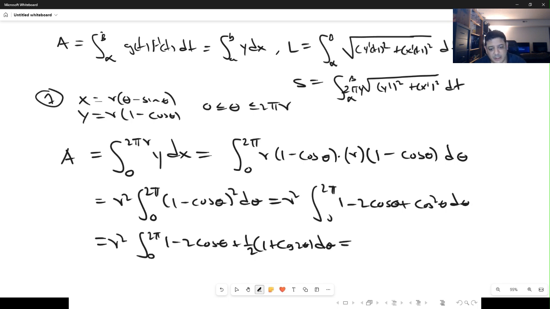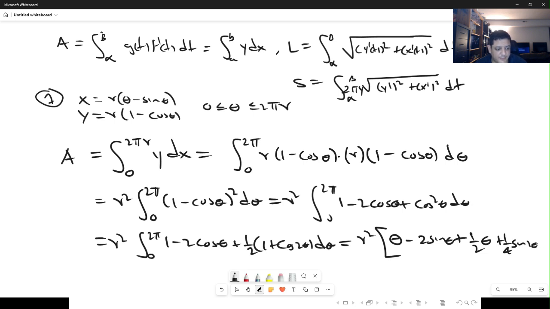Okay. At this point, we can integrate. This is r squared times theta minus 2 sine of theta plus, if we integrate this here, 1/2 theta plus 1/4 sine of 2 theta.